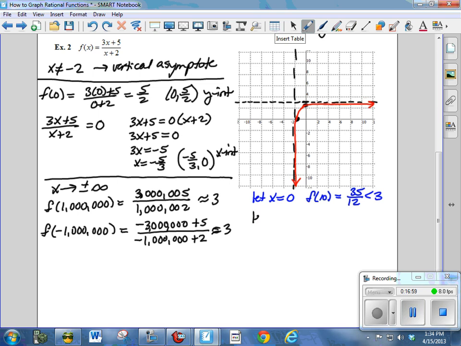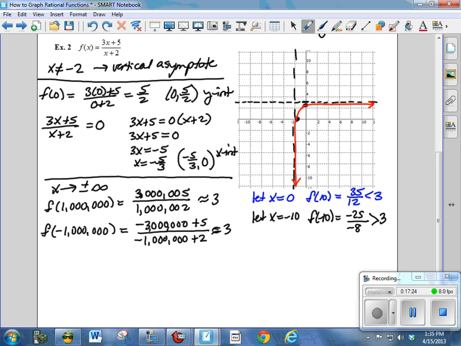So I'm going to let x equal -10. So what's f of -10? f of -10 would be -30 plus 5, which is -25, over -10 plus 2, which would be -8. -25 over -8, is that bigger than 3 or less than 3? It's a little bigger than 3 because 24 over 8 would be exactly 3.